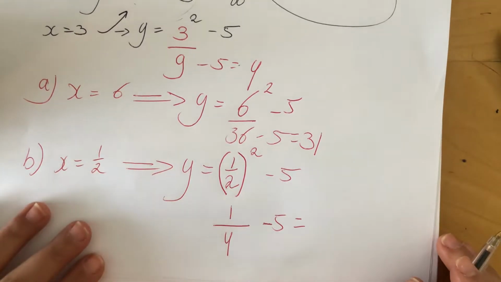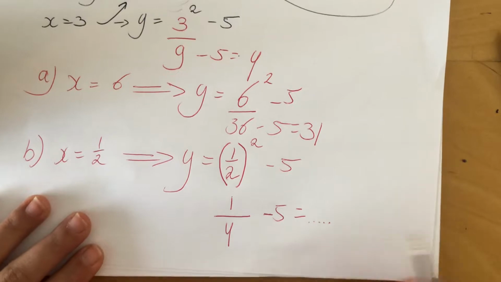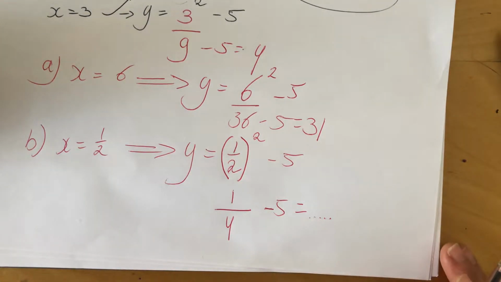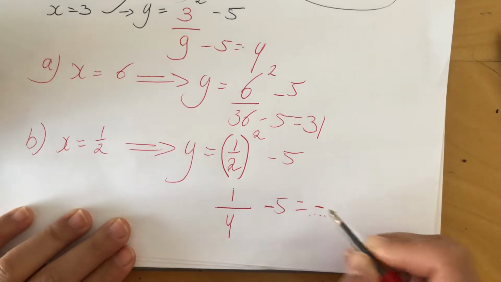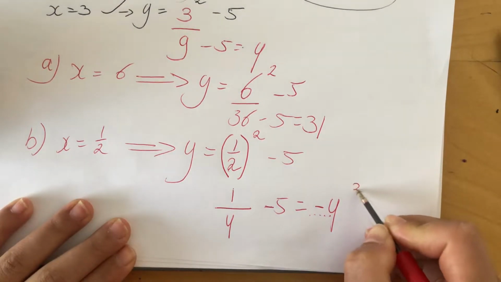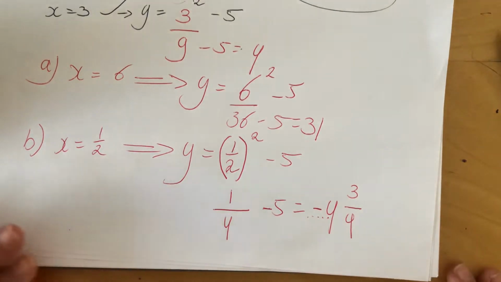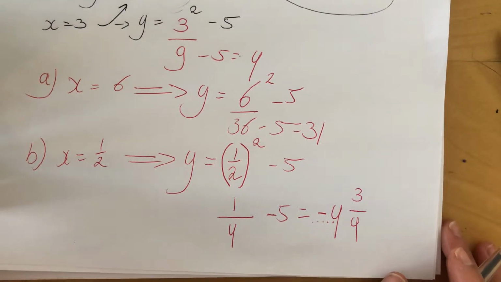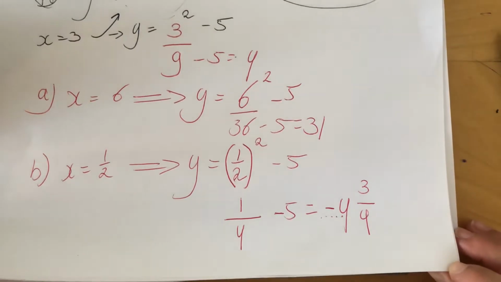Think. What will this become? Pause the video and think. I need to think too. This one will become negative 4 3 out of 4. If you don't know this, use the intermediate steps, please. Yeah? All right. Let's go on to theory B.